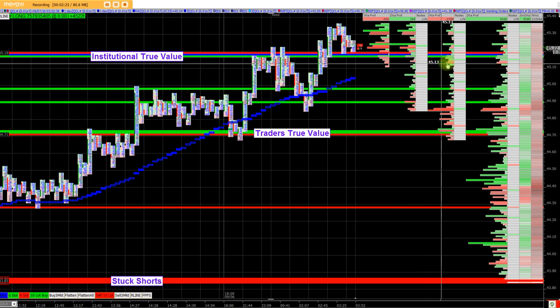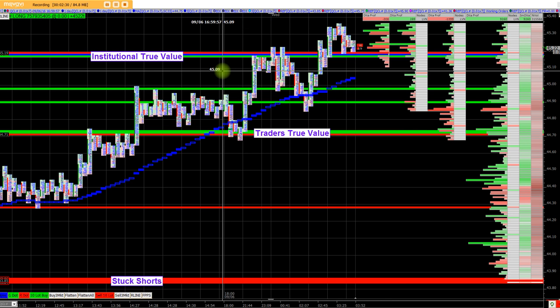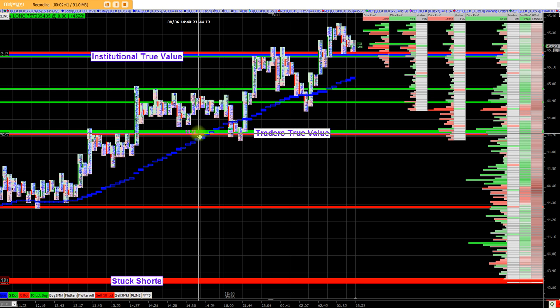And all this is based on these profiles I have over here, which are the delta profiles, different time lengths. I've had quite a few questions as far as how long I keep the lines on the chart and so on and so forth. As you can see, once these form, I keep them up here for about 3 days.